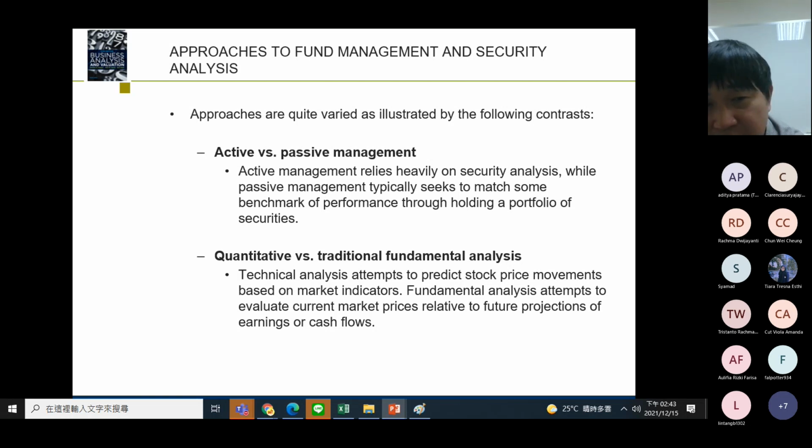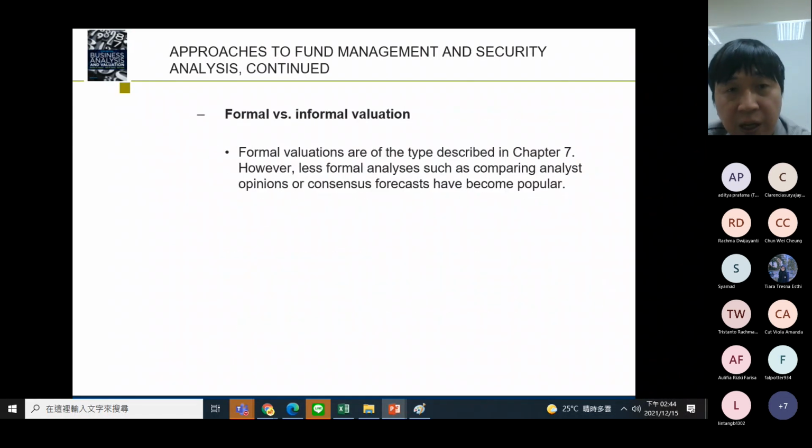Quantitative versus traditional fundamental analysis. Technical analysis attempts to predict stock price movements based on market indicators. Fundamental analysis attempts to evaluate the current market price relative to future projections of earnings or cash flows.